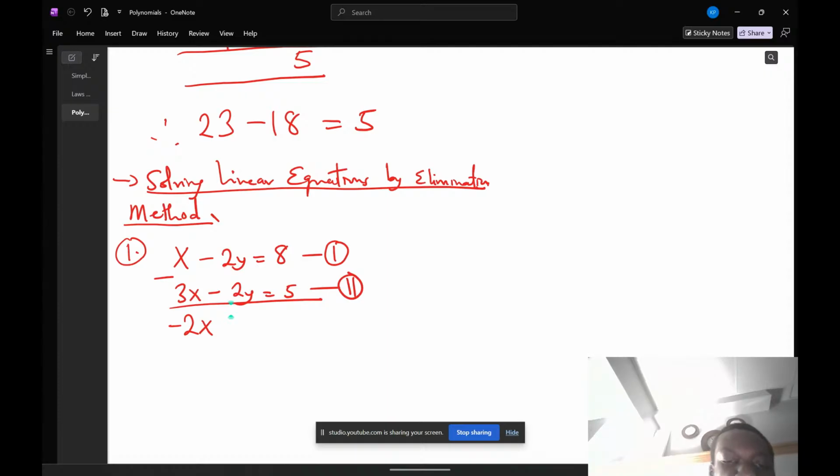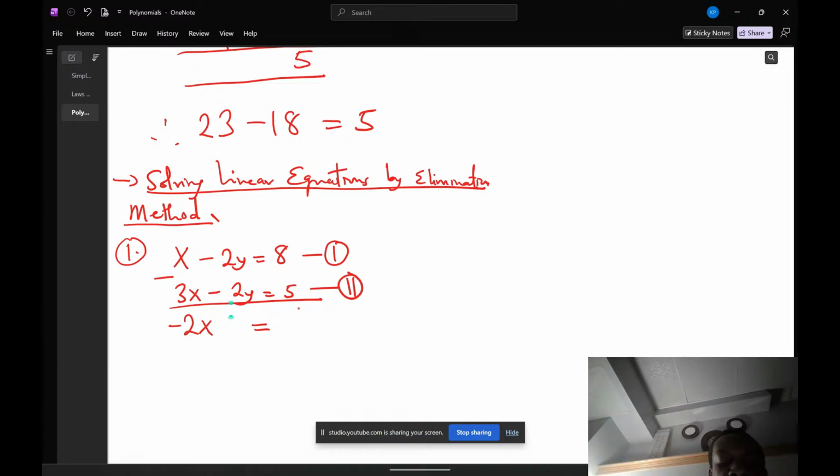And we have minus 2y minus minus 2y, so that will be minus 2y plus 2y, which will give us 0. So we've been able to eliminate y. And then we have 8 minus 5, which will give us 3.